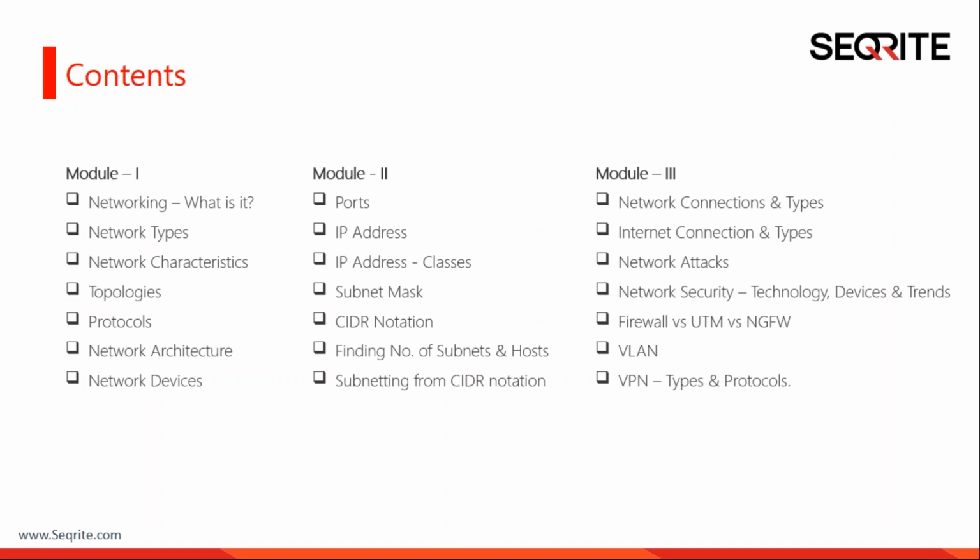Then topologies. We know what is a topology, like an arrangement, physical or a logical arrangement of computers or network devices. What are the different types of topologies that we will discuss? Then protocols. We all know much about protocols: TCP, UDP, ICMP and all.